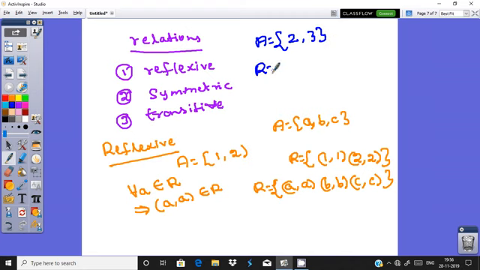If I have a relation R equal to {(3, 3)}, I cannot say this is reflexive because there are two elements, 2 and 3, and we have only (3, 3). The definition says for all the elements, but (2, 2) is missing here since (2, 2) does not belong to the relation. So it is not reflexive.